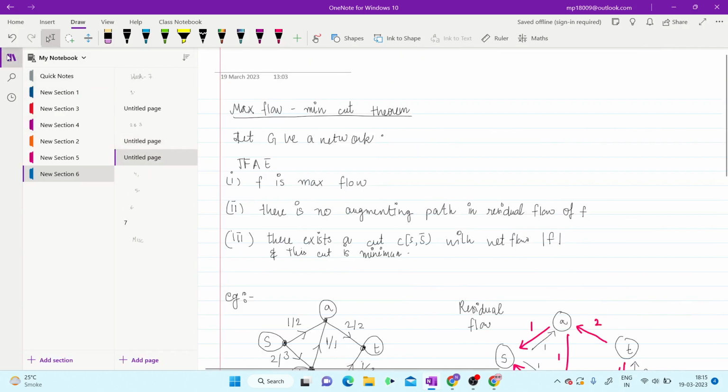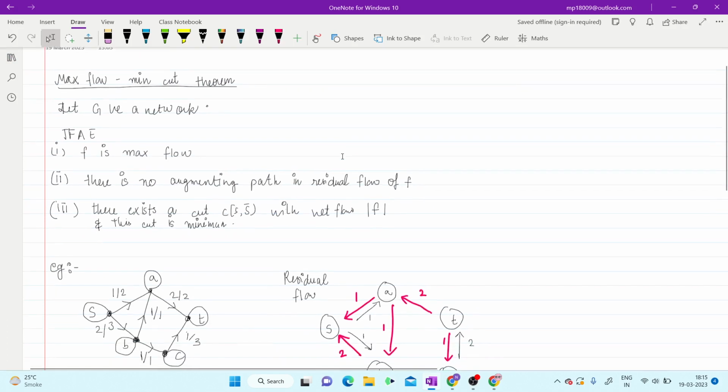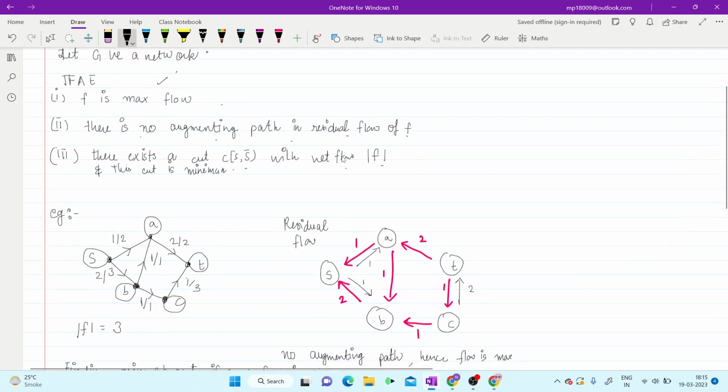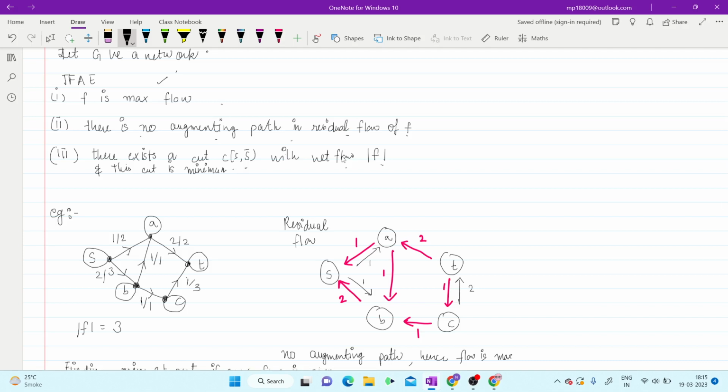So there is one more result for today. This is the result that if we are given a network, then these three conditions are equivalent: f is the maximum flow, there is no augmenting path in the residual flow of f, and thirdly, there is a cut with the net flow value. In the previous algorithm, we saw that if we are given any network, we can construct the maximum flow.